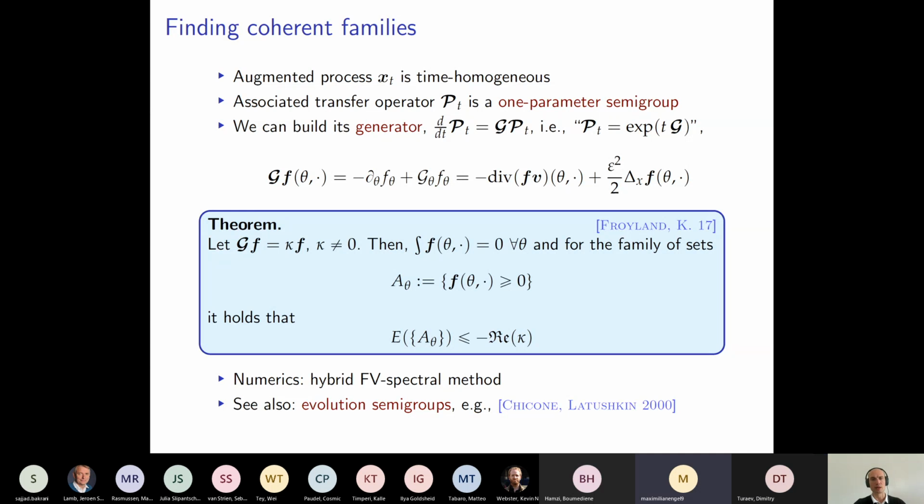So we don't lose mass. But we could talk about what happens if we lose mass, then we would take homogeneous Dirichlet boundary conditions, and much of the theory can be carried over to that case as well.